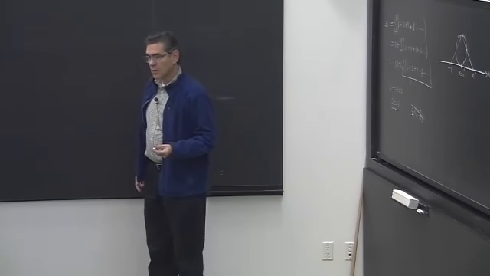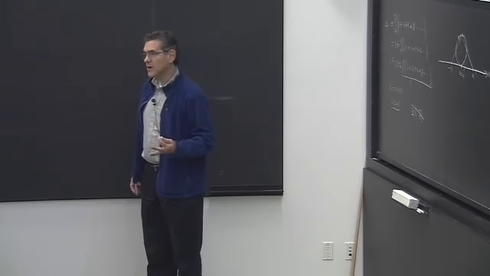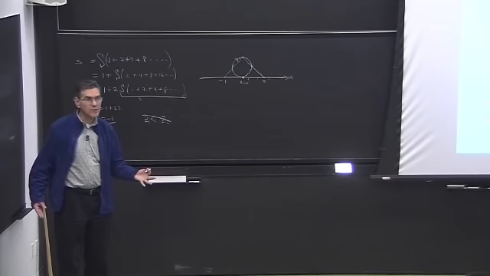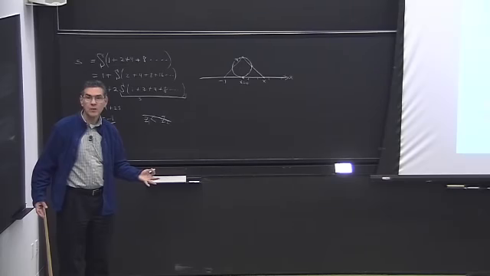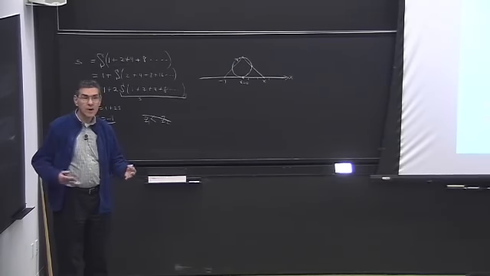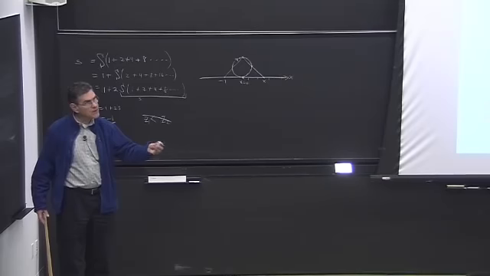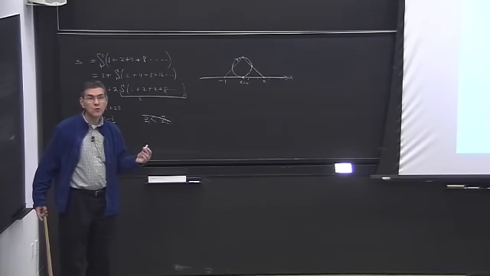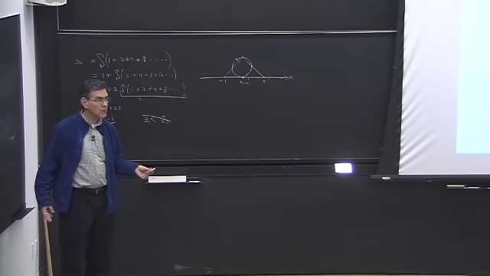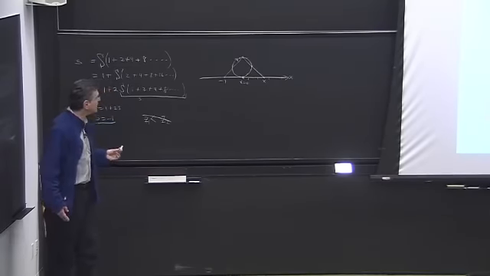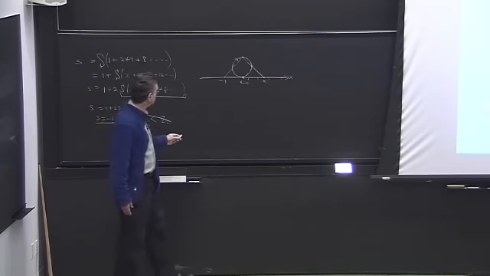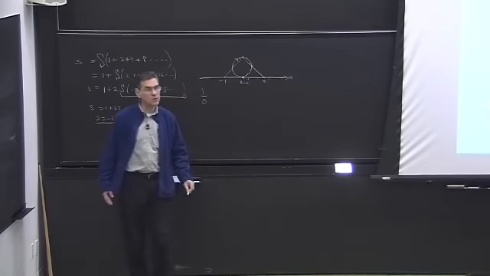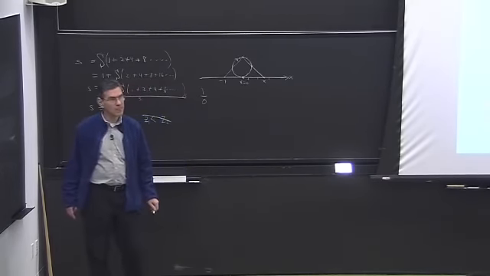There are two real infinities, plus infinity and minus infinity, and they're distinct from one another, because there's no way on the real line to go from plus infinity down to minus infinity without passing through 0. But complex infinity is a unique number. There's no distinction between plus infinity and minus infinity at all. So the complex number infinity is a unique number. 1 over 0 is a unique number. It's complex infinity.